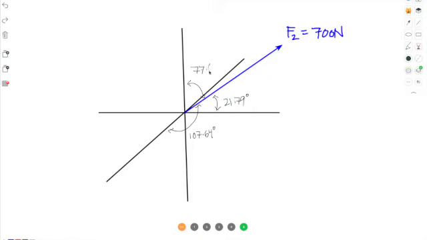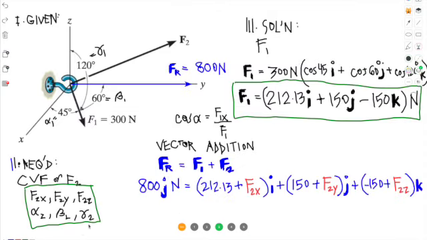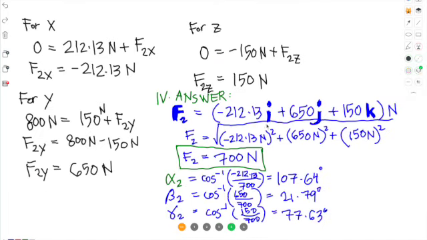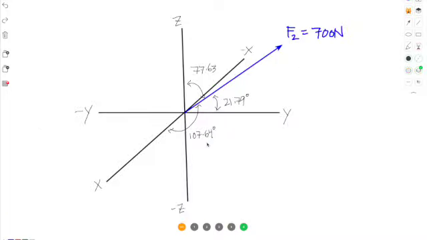So that defines our vector now. When you draw your vector, this is x, this is y, this is negative y, this is negative x, this is z, and this is negative z. So this is our vector F2 that we are solving for. The Cartesian vector form is given here, the direction angles are here, and this is your vector representation, the drawing.